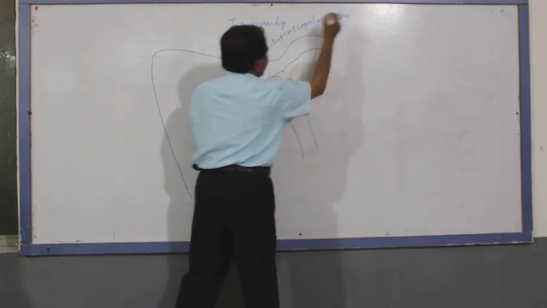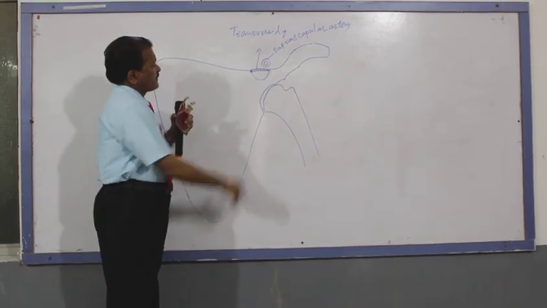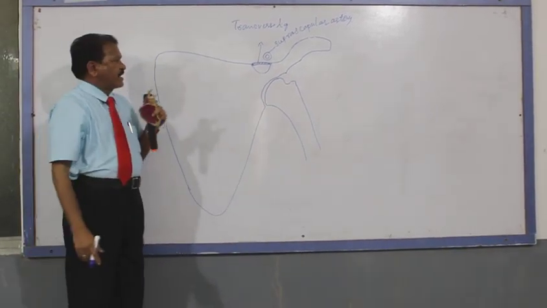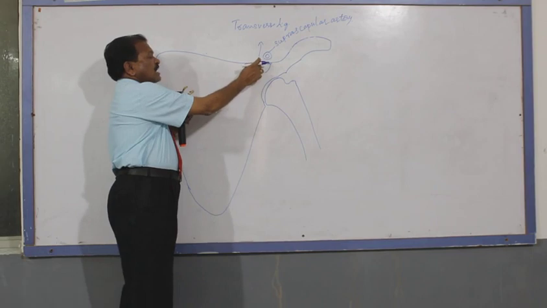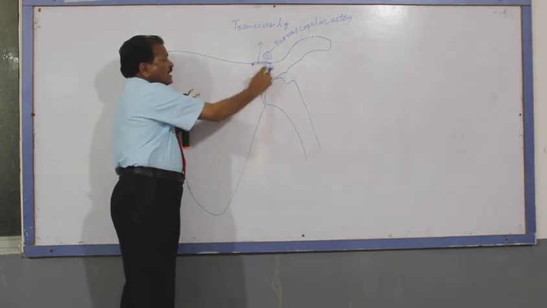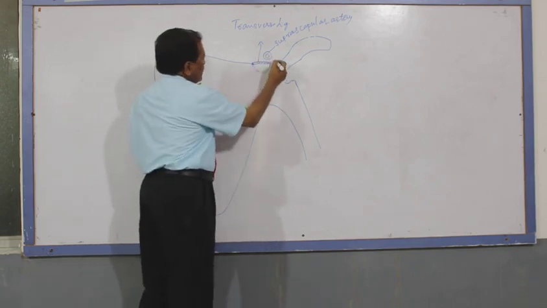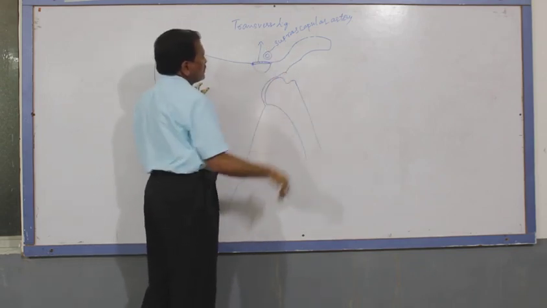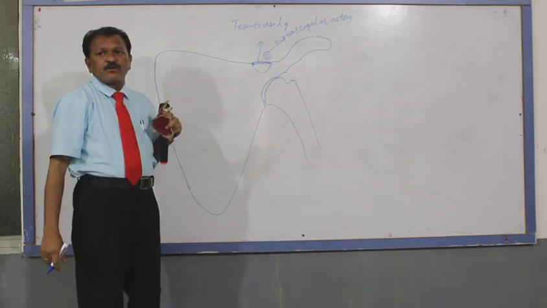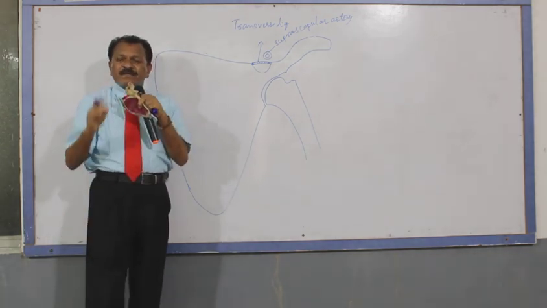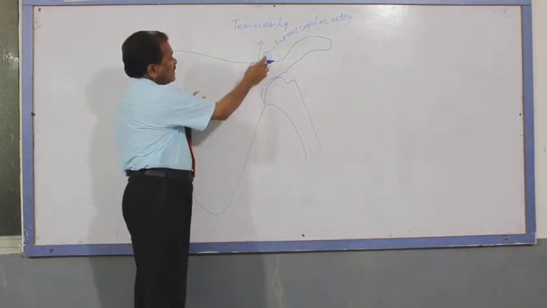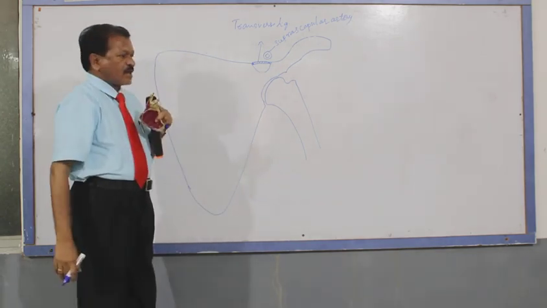This suprascapular artery is a branch of the axillary artery, and it passes superior to the transverse ligament and superior to the suprascapular foramen, and enters the dorsal surface of the scapula. But in the beginning, it is located on the ventral surface of the scapula.